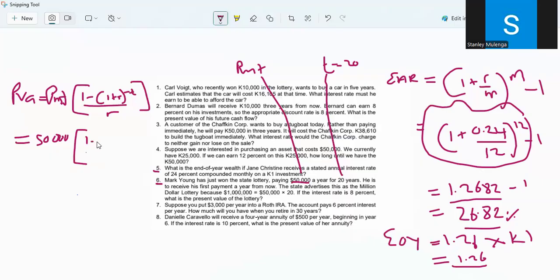Okay, and our interest rate in this case is 8%, 1.08. Okay, and what is our time factor? 20 years. So our period is negative 20, so we'll put negative 20 there, over the interest of 8%.